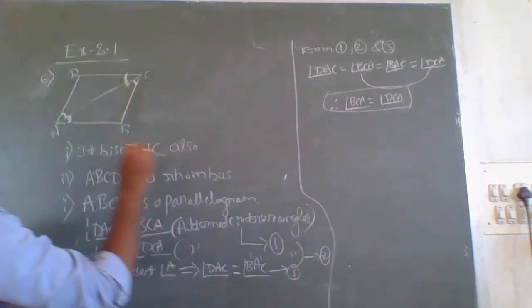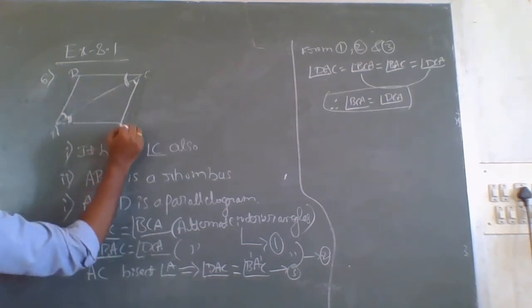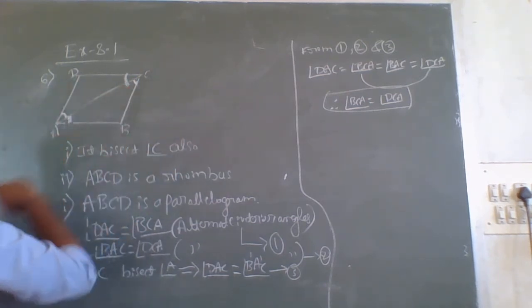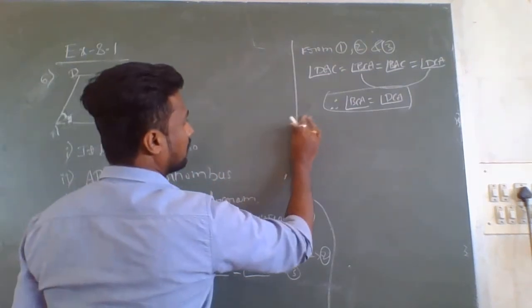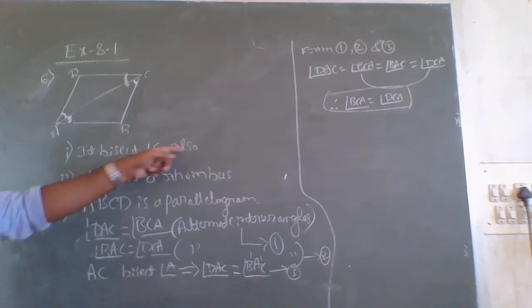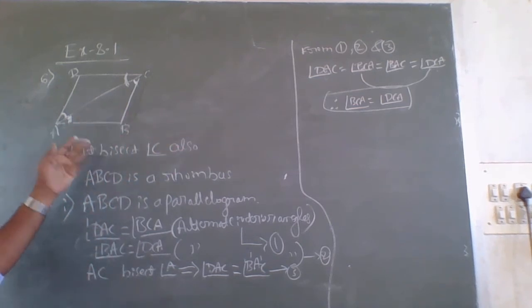Means these two angles, BCA and DCA, are equal. Therefore, you should write here: AC bisects angle C also. Hence the first one is proved.